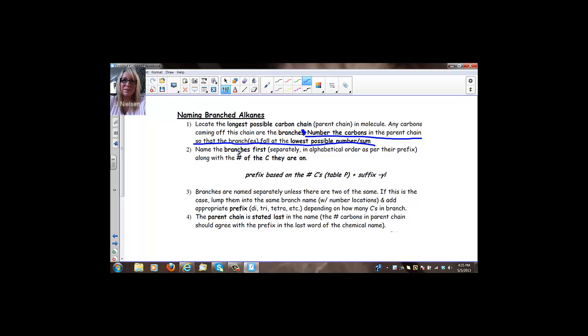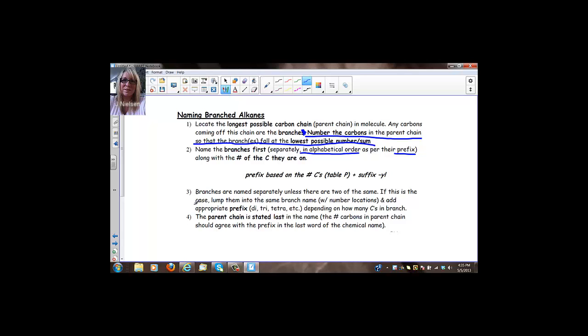You're going to name the branches first, separately, in alphabetical order as per their prefix, along with the number of the carbon that they are on. So the prefix is based on the number of carbons, table P, and then the YL ending. As I told you, CH3 is methyl, C2H5 is ethyl, C3H7 is propyl.